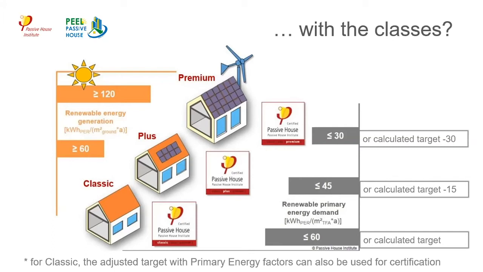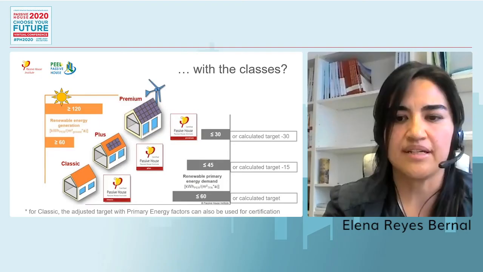And if it's a Premium, then it's 30 or the calculated target minus 30. This is also automatically done in the tool. Once you select that you want to certify Plus or Premium, then the results are shown for these classes. The targets for renewable energy renovation remain the same for Plus and Premium.